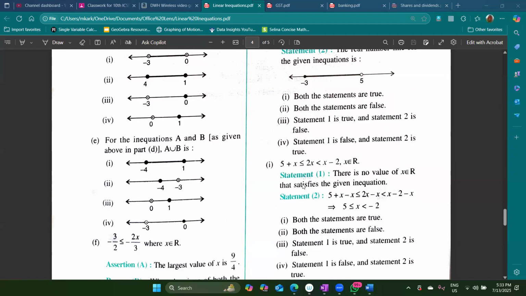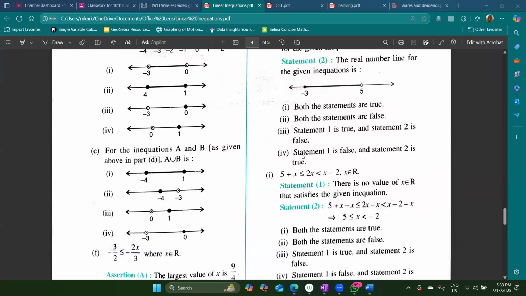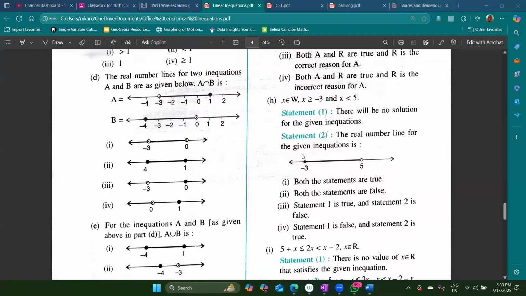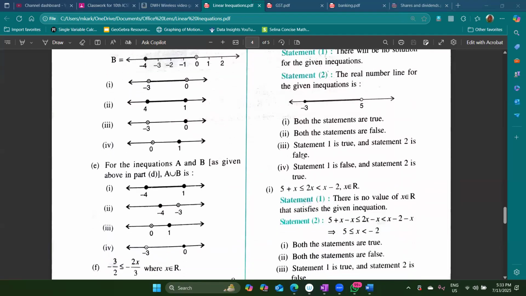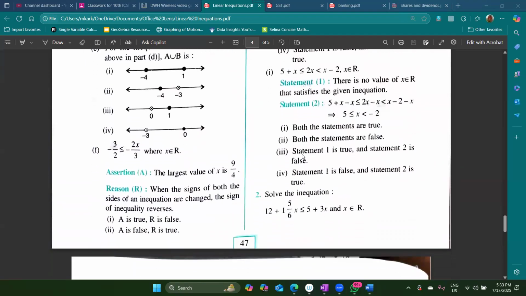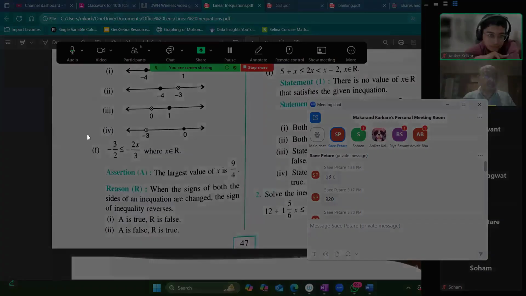So one is the correct answer in this case. I'm not going to check individual because -4 as well as 1 are both included in one of the sets. And so it is going to be everything from -4 to 1 both included. And that means one is the correct answer. Okay, this I would rather take it in the notebook so we can see everything at one go.